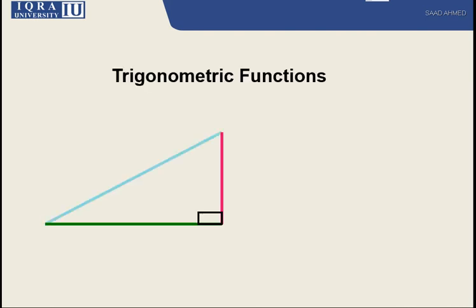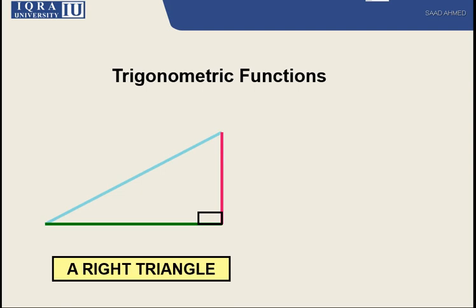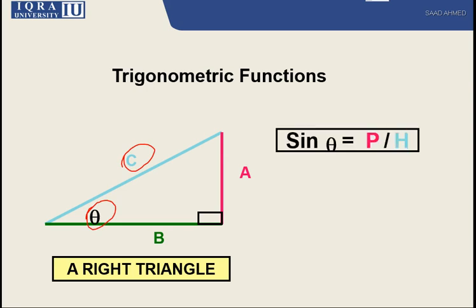Okay, now the trigonometric functions. A right angle, you can see the right angle here, and these are the labels. You can see A, B, C, and theta is the angle. Sine theta is equal to P upon H, perpendicular upon hypotenuse. That is A here, the perpendicular, and H here, the hypotenuse.